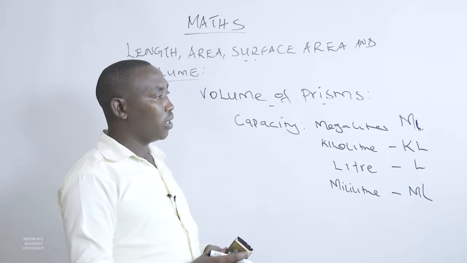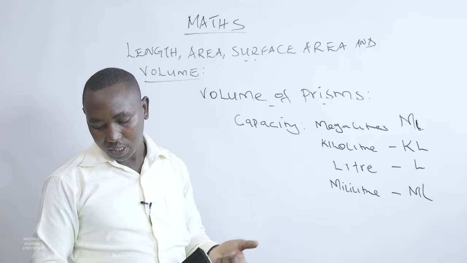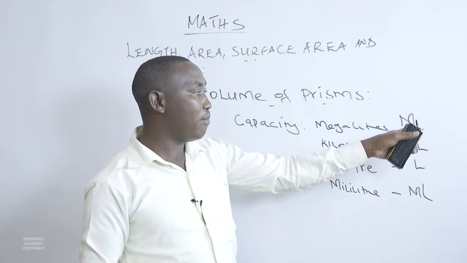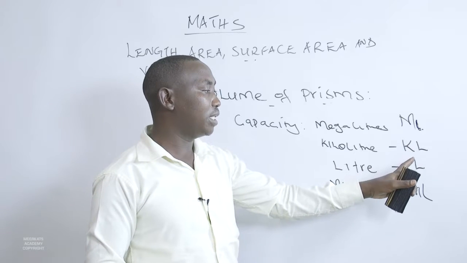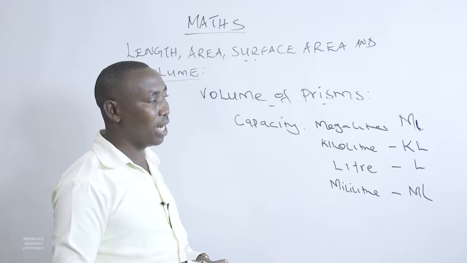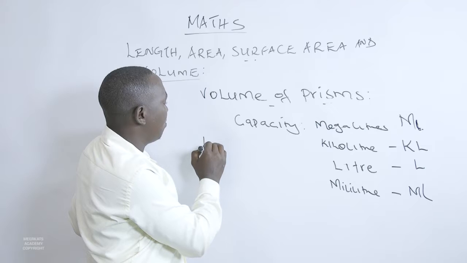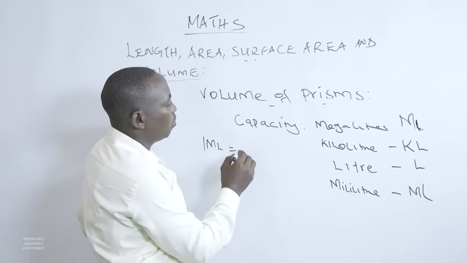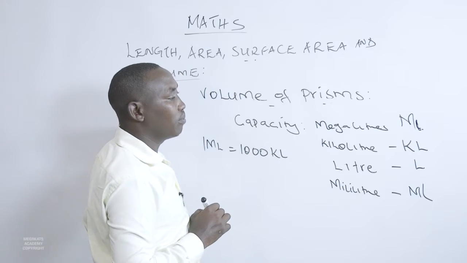Again, just to mention, on conversion from one unit to the other, the most important is converting from megaliter to kiloliter, from kiloliter to liters, and also from liters to milliliter. In this aspect, if you have 1 megaliter, it's equivalent to 1000 kiloliters.